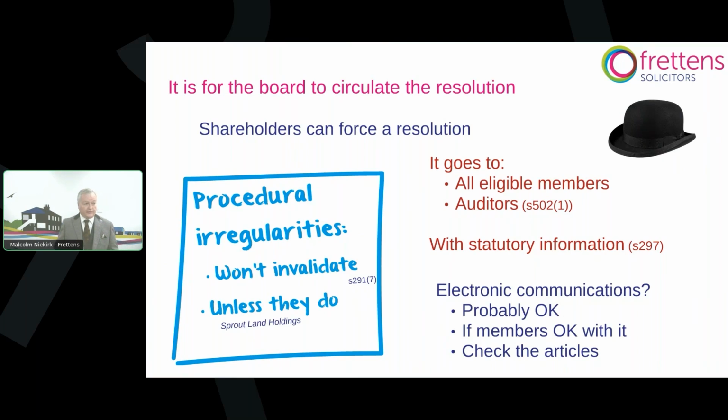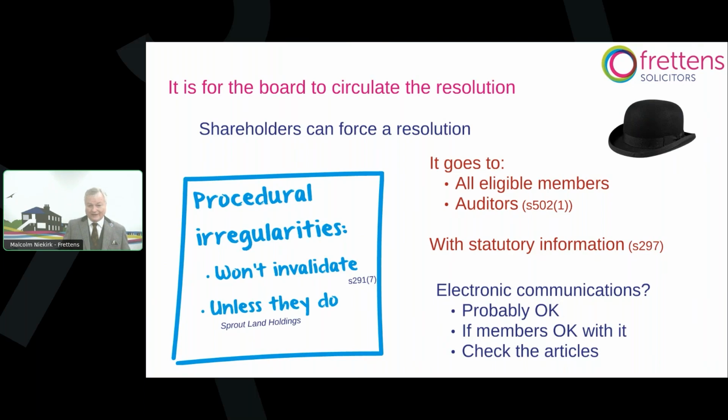There is a statutory provision in the Companies Act that says that procedural irregularities will not invalidate a written resolution. However, the courts have limited the application of that, and one example of that is the case of Sprout Land Holdings, where administrators were appointed.